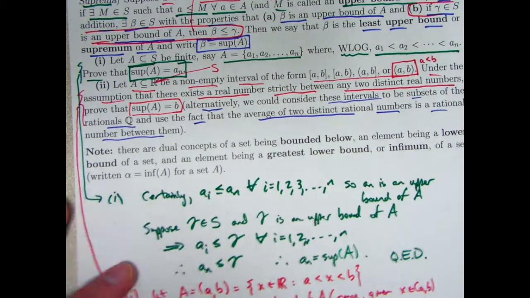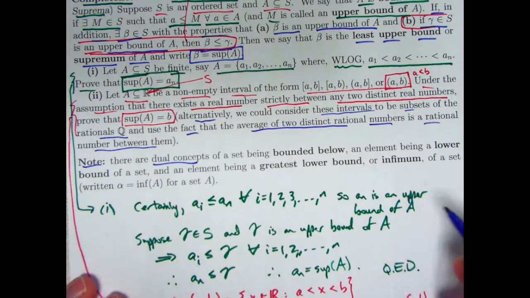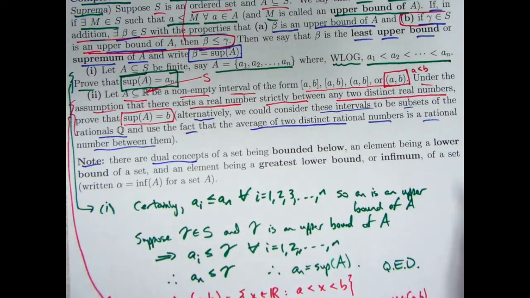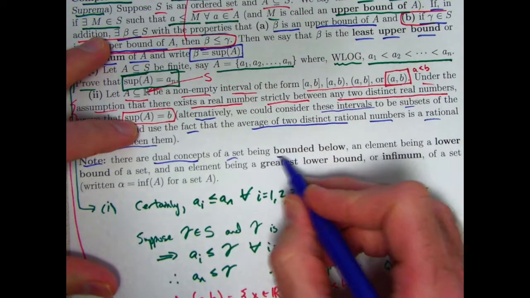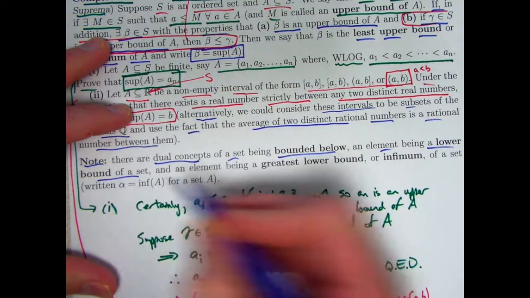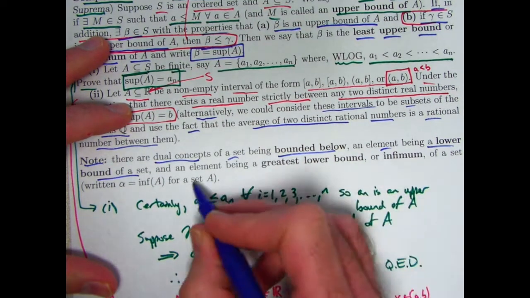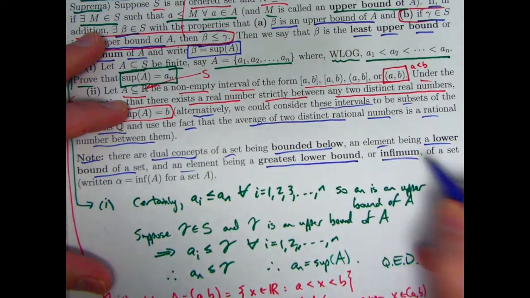As a final thing, it's worth noting that there are dual concepts. If you don't know what a dual concept is, you might want to look it up. Of a set being bounded below, an element being a lower bound of the set, and an element being the greatest lower bound, or infimum.